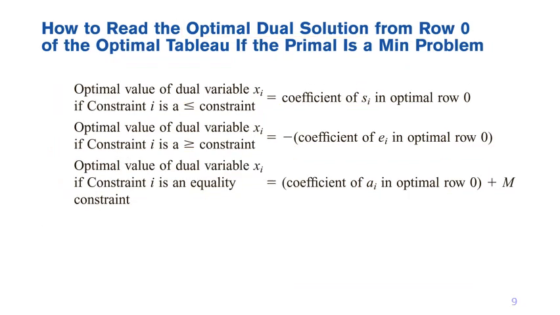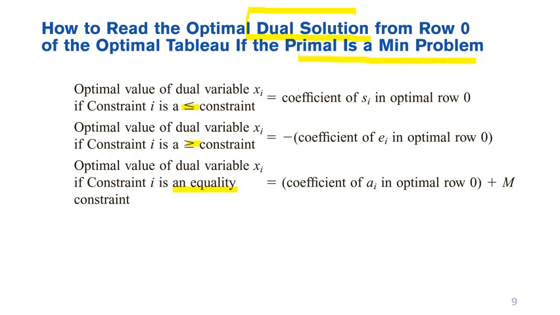Now, if the primal problem is a minimization problem, here are the ways to read the optimal table in order to obtain the dual solution. Again, you need to check the sign of the constraint in the primal.